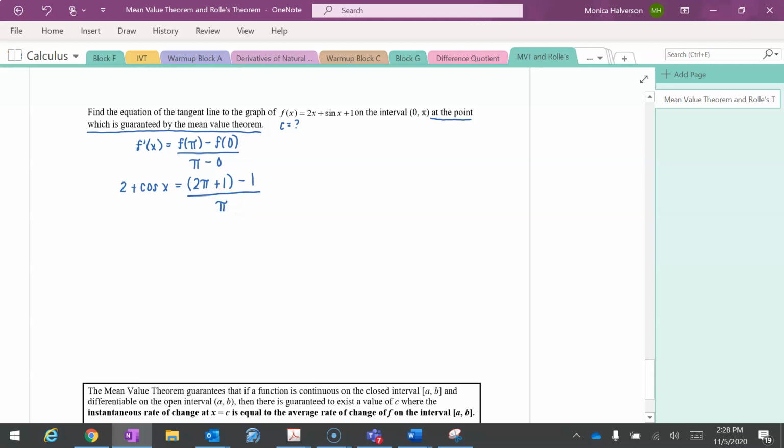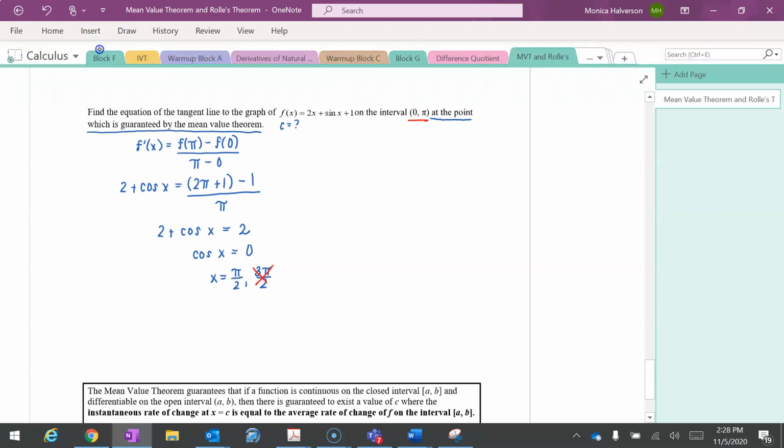So we end up getting 2 plus cosine x is equal to 2. So cosine x is going to equal 0, and we know cosine x is equal to 0 at pi over 2 and 3 pi over 2. But 3 pi over 2 falls out of our interval, so our c value is pi over 2.